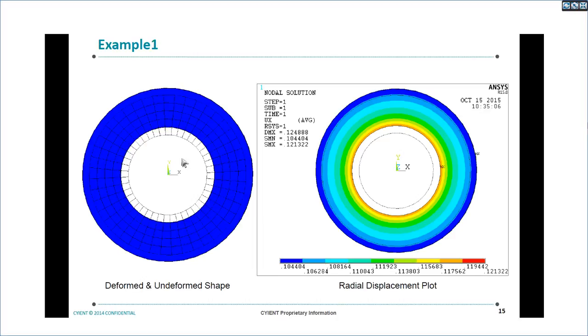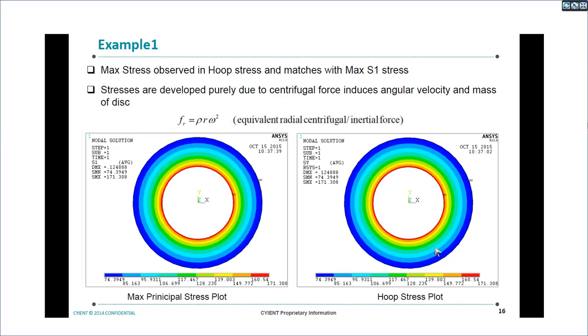After analyzing, this is the plot with the deformed and undeformed shape. There is a radial growth in the component, free radial growth, and we see a radial displacement which is uniform throughout 360 degrees. So these constraints are not causing any unnecessary stresses.